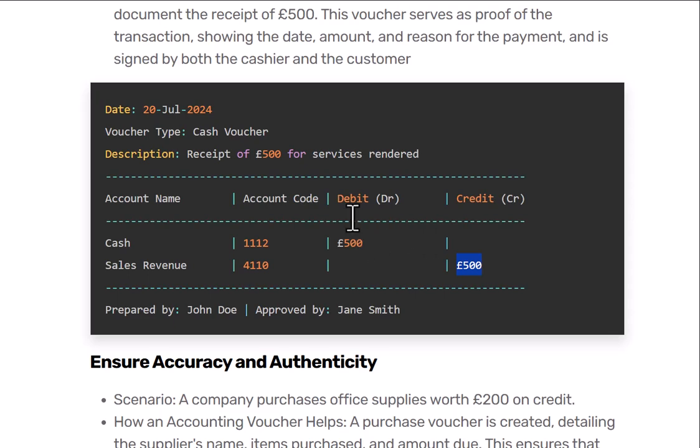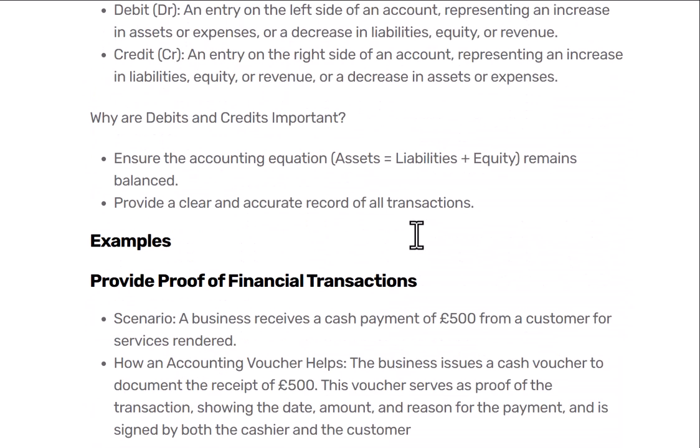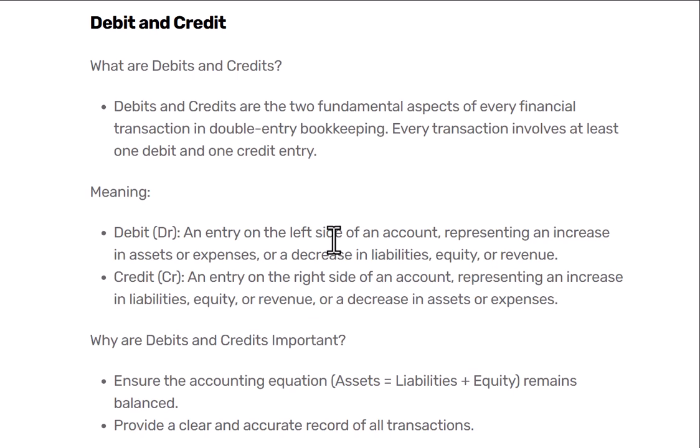The debit nature here, as the statement says, is an entry on the left side of accounts representing an increase of assets or expenses. So if I debit the expense, that means I increase the amount of expenses. Please don't be confused by these things.